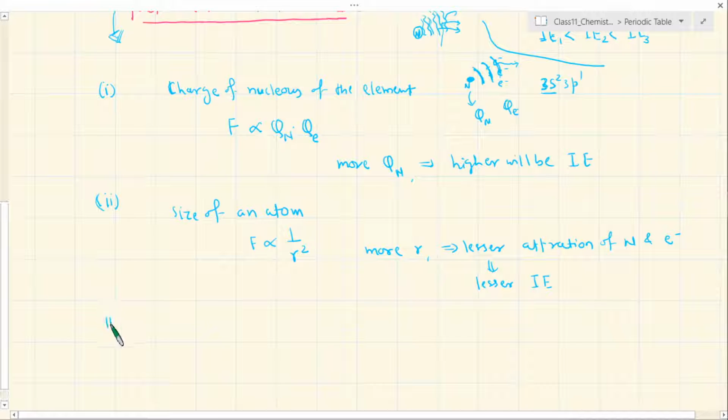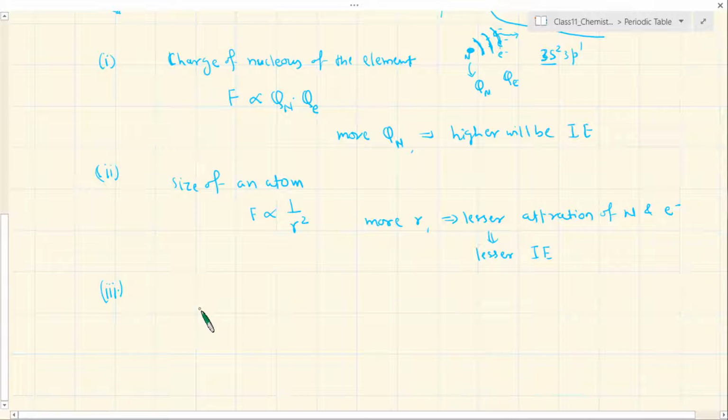The third important factor is actually the one which I have just talked about, the shielding effect, or it is sometimes also referred to as screening effect.